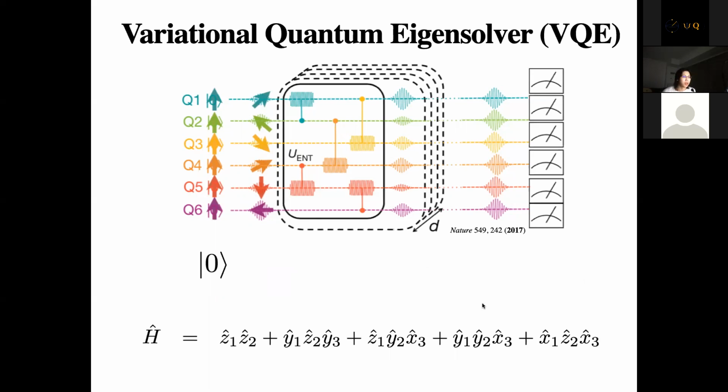So starting the process of preparing the wave function from 0, you get to the psi, and you measure the second term. And for the rest of the terms, you have to do the preparation again and again and measure each of them independently. So this is obviously a redundancy that we don't want. And this is what we call the measurement problem that we're trying to solve.